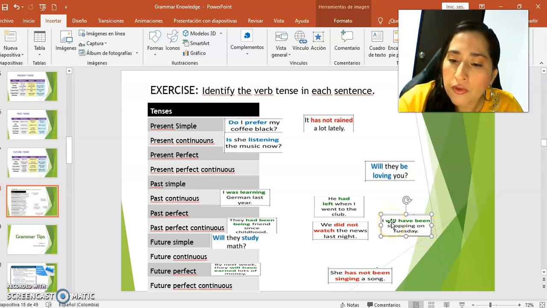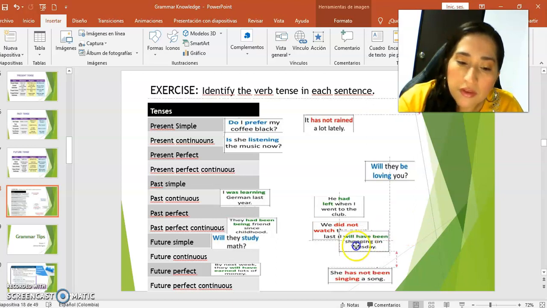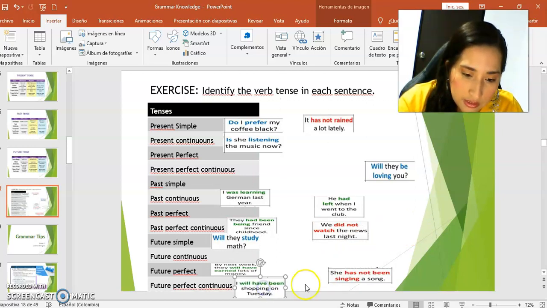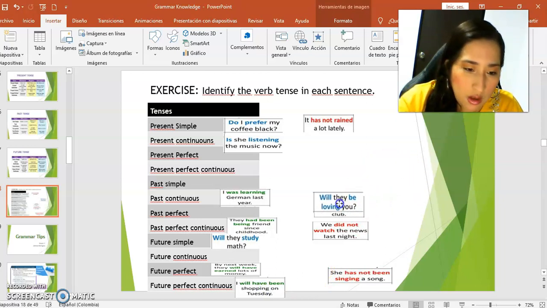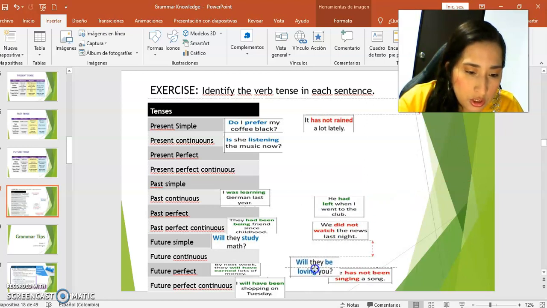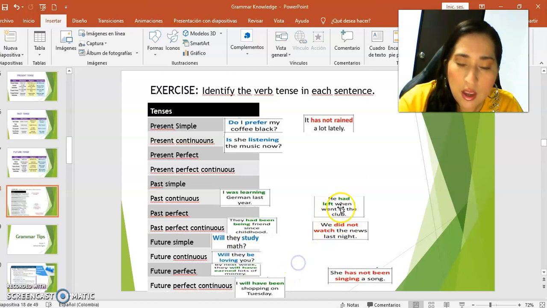Another, I will have been shopping on Tuesday. I will, future, have, perfect, future perfect, been continuous, shopping, ing, future perfect continuous, that is here. Another, will they be loving you? That is future continuous. In this place, okay.